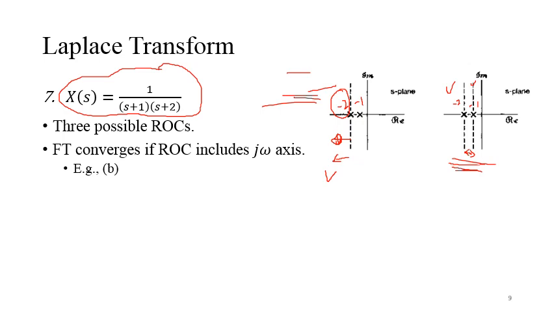So although the expression is the same, based on the description of the ROC, we can say there are three distinct signals. So the expression alone is not sufficient to describe a signal in the Laplace transform. You also need to know the ROC. So I hope this gives you the idea.